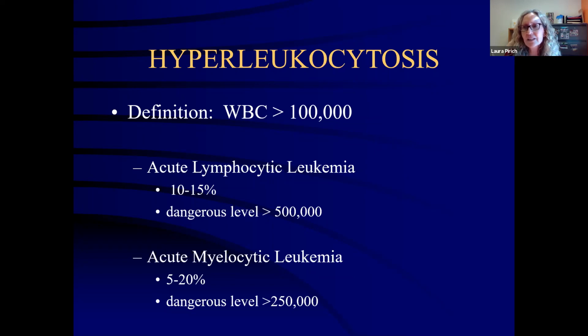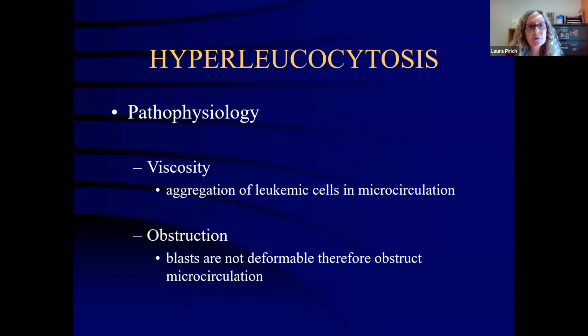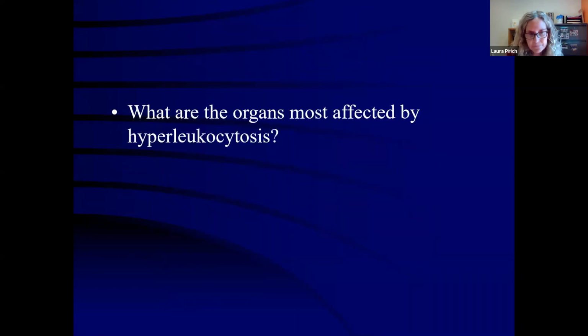With ALL, really not until the white count gets above 500,000 or even higher do you start to see some of the symptoms that we can see with hyperleukocytosis. So what's the problem? The problem is pretty much viscosity and obstruction. The leukemia cells get stuck together in the microcirculation. The blasts are not as deformable as a red blood cell, so they obstruct vessels in the microcirculation.